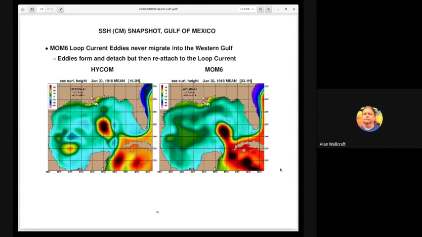In the MOM6 case, the loop current configuration is a perfectly reasonable configuration. But in fact, we never get fully detached loop current eddies. What happens is they detach as they should, but then they don't migrate into the Eastern Gulf. They get reabsorbed by the loop current.